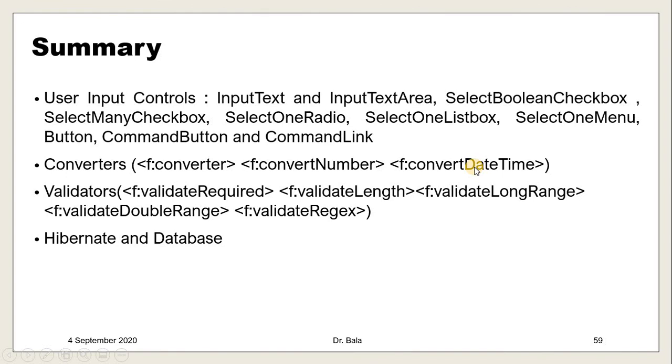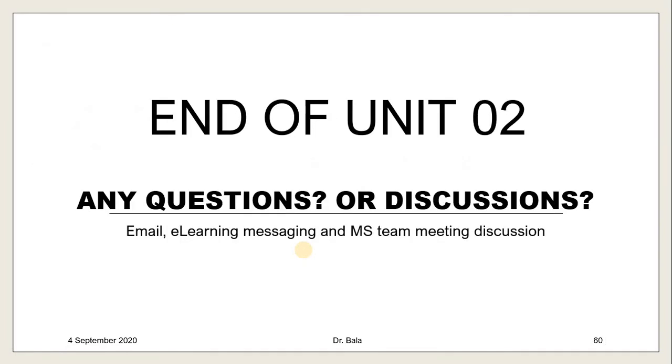We can convert date as well as time here. And for validators, we have validate required field, length, long range, double range, as well as regular expression. All this was discussed in the second topic. And in the last, in this video, we discussed Hibernate and the database, how Hibernate is connected with the database in a JSF application. So this is the summary of this unit 2.